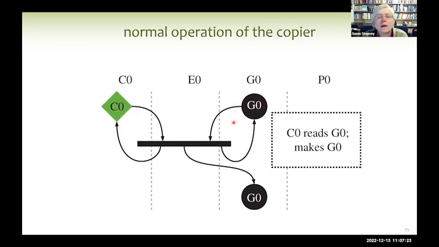The copier and the genome bind at this bar, and the copier executes by copying the genome. At the end, when everything's finished, the copier and the genome stop binding, the copier goes back to being itself, the genome goes back to being itself, and the copy of the genome comes out of the system. So we start off with a copier and a genome, and we end up with a copier, a genome, and another genome. That's the way the copier works.